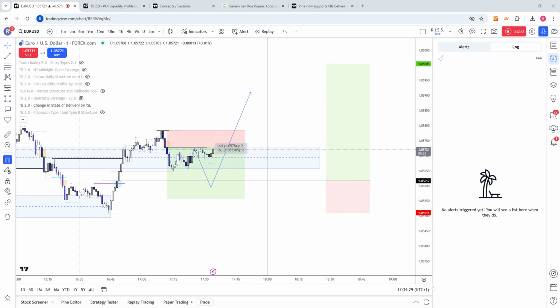Oh, in the recording, I recorded it in TradingView. I'll see if I can upload it to YouTube.